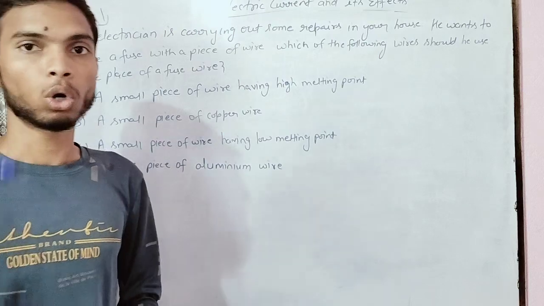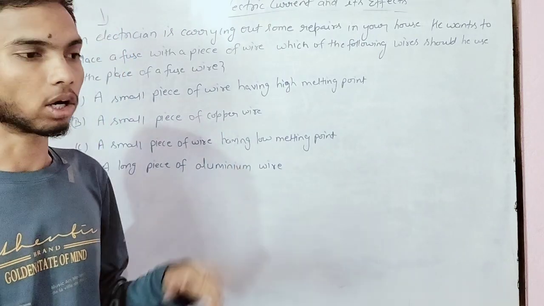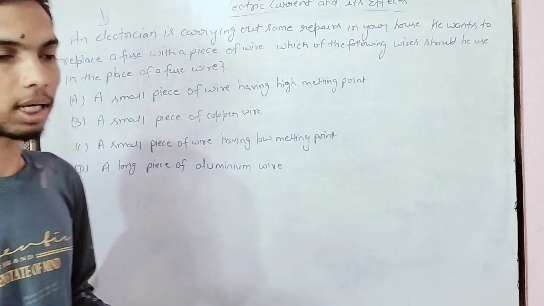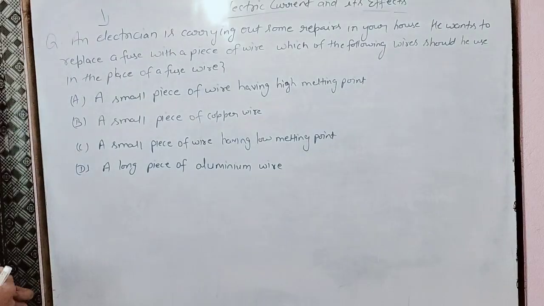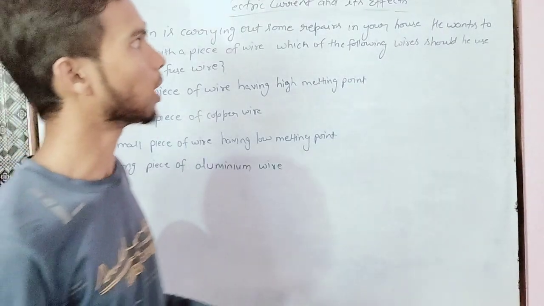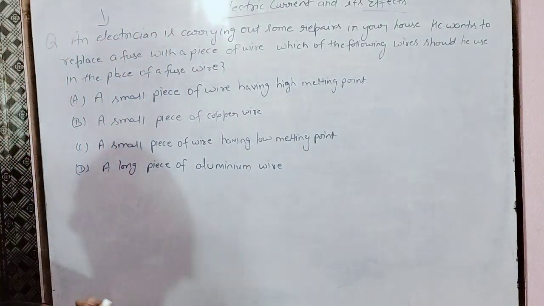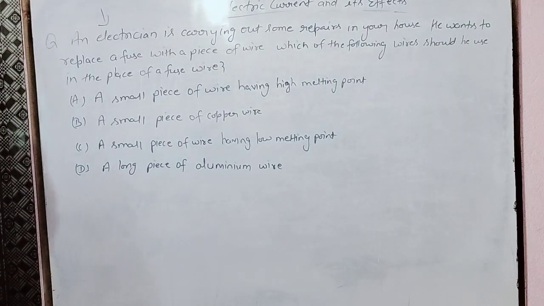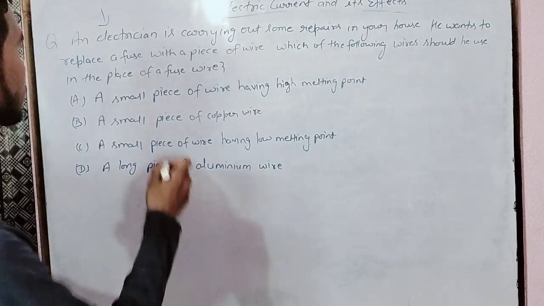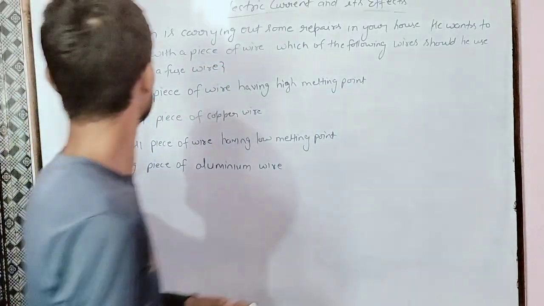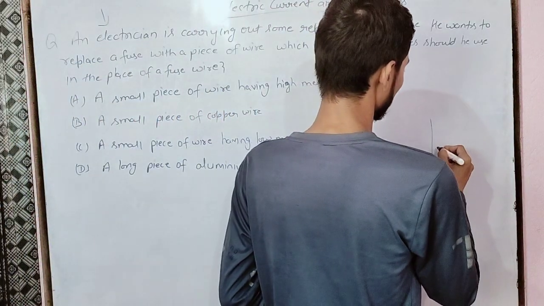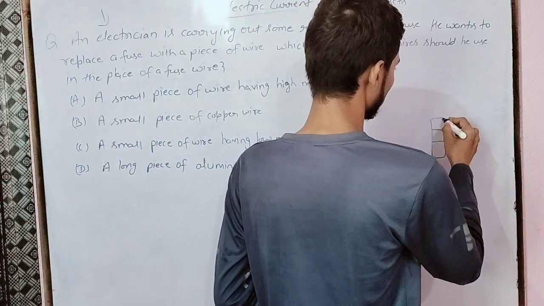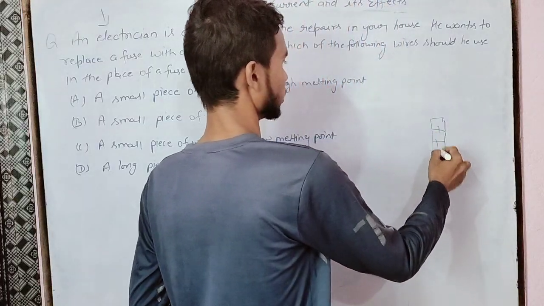Now what will that electrician do? He wants you to replace a fuse with a piece of wire. So he will replace a fuse with a piece of wire. So here there is a fuse.